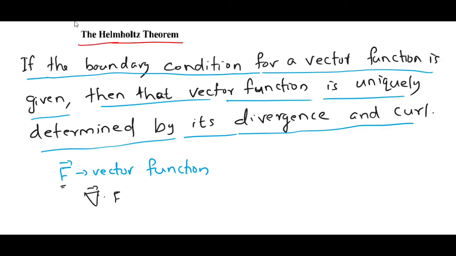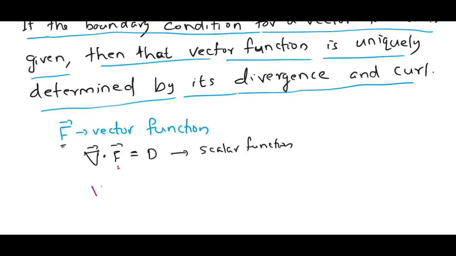Del dot F, the divergence of that, is D. D is a scalar function. Of course, divergence of any vector is a scalar. The curl of that vector function is given. Del cross F is also given. The curl of this vector function is C, where C is a vector function, because curl of any vector is a vector.